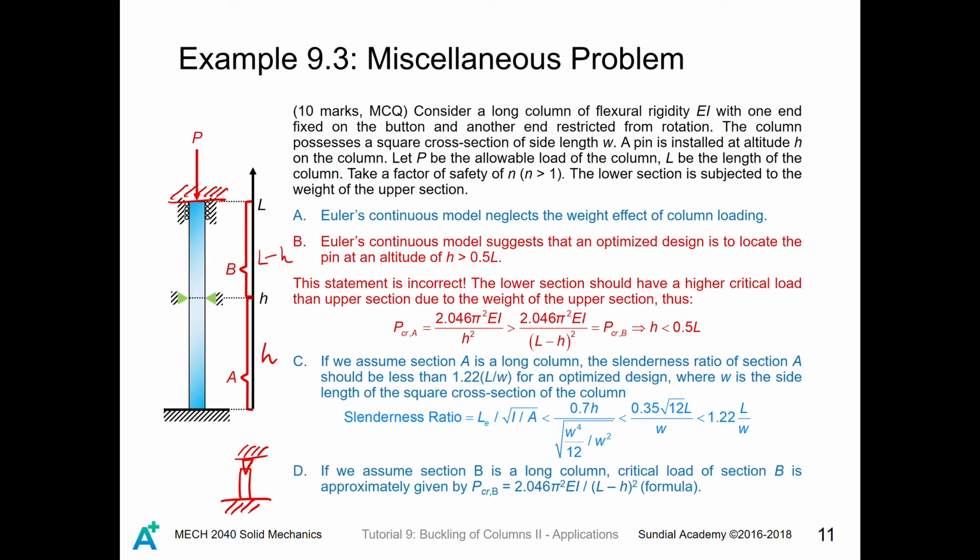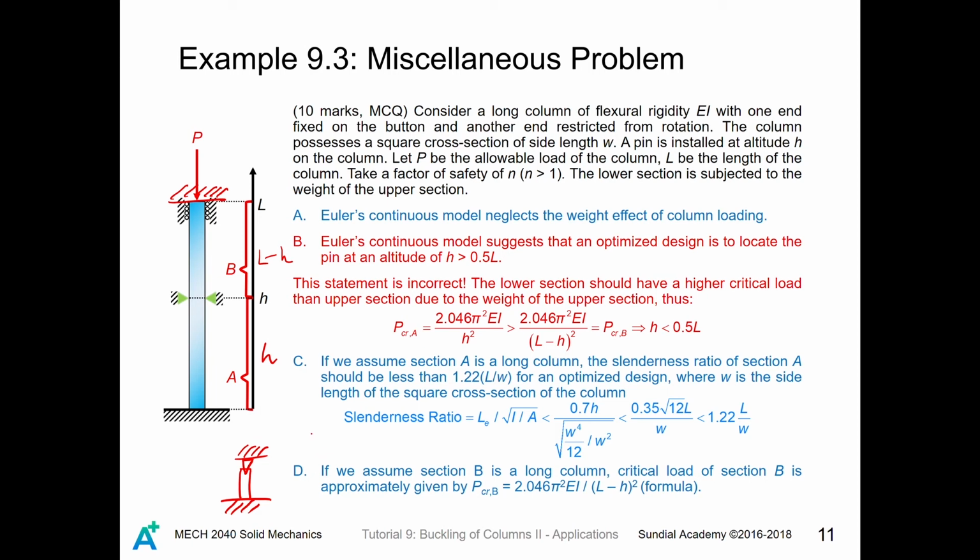Statement C, if we assume section A is the long column, then the slenderness ratio of section A should be less than this for an optimized design. This statement is correct. First we start from the definition of the slenderness ratio.